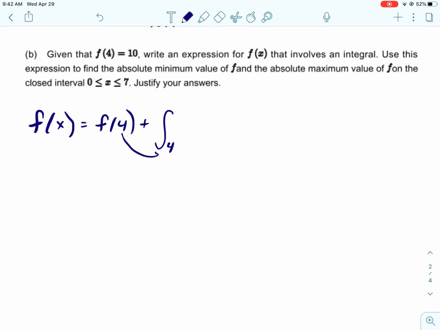So for the accumulation, to find f, what we would do is take that f of 4 that we're given, and we're going to add the integral, and then these two numbers need to match. So from 4 to x of f prime of t dt.